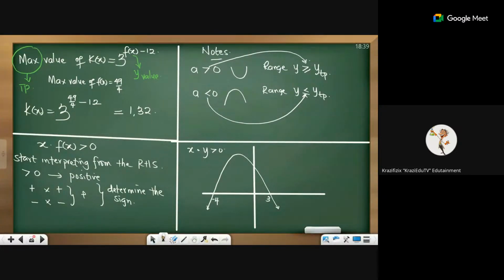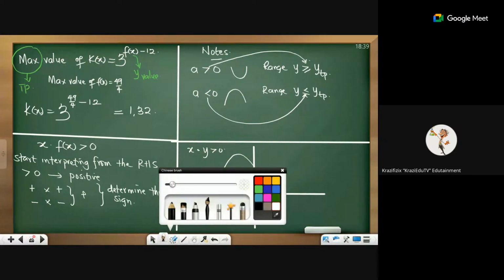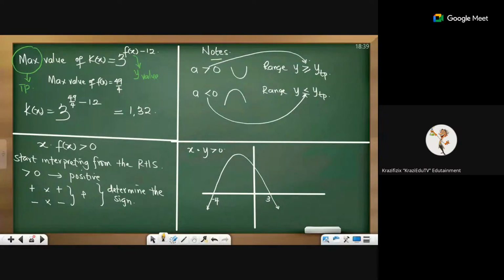Let's first deal with x. What are the signs? I'm going to use yellow here. The signs of x are negative here, 0 here, and positive there. That's x. Now let's look at f of x.